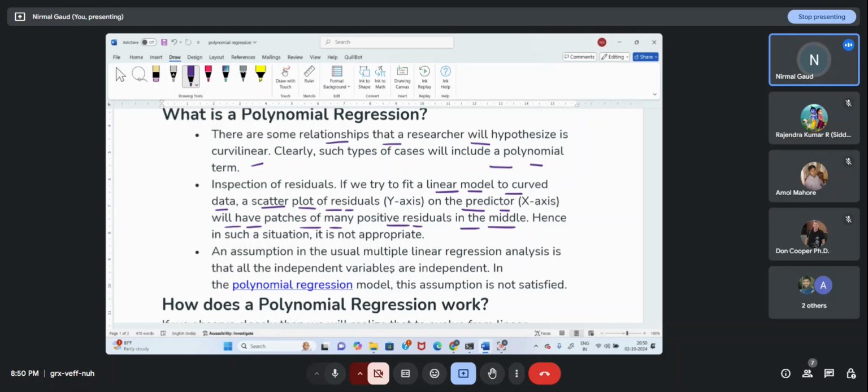That shows how your visualization looks if you fit a linear model to curved data. You are expecting a line, but that will not be a line. That will be some curve.